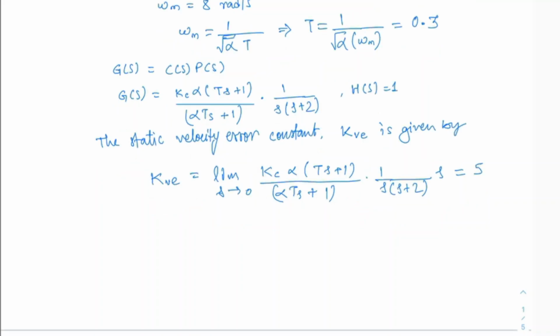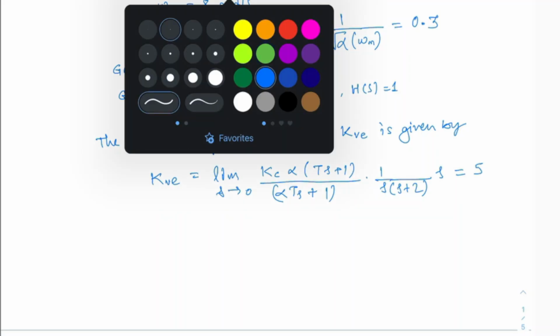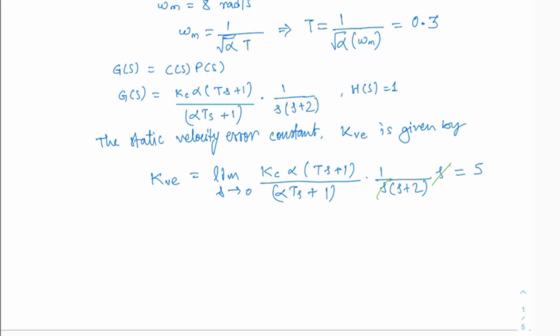After cancelling the S term here and substituting the values for alpha and T, we get Kc into alpha over 2 equals 5.